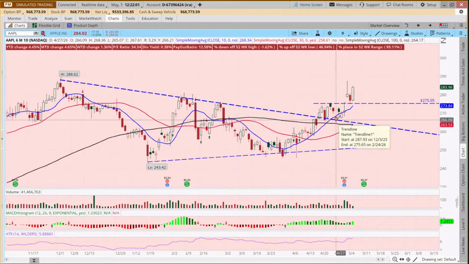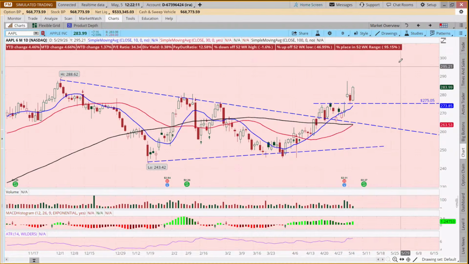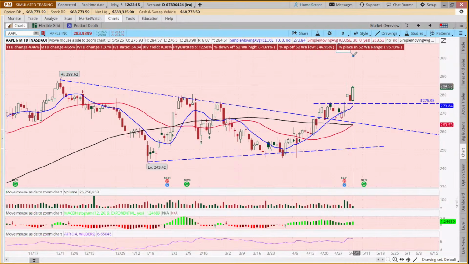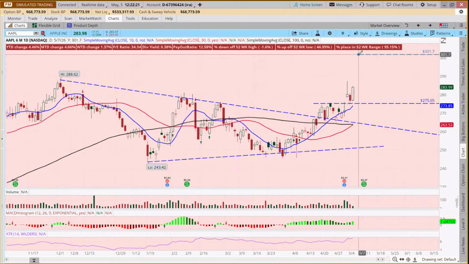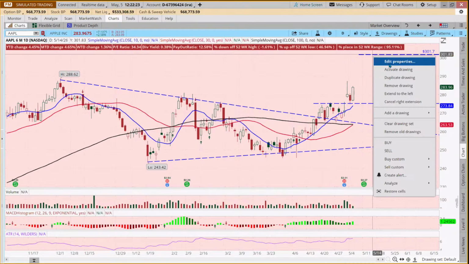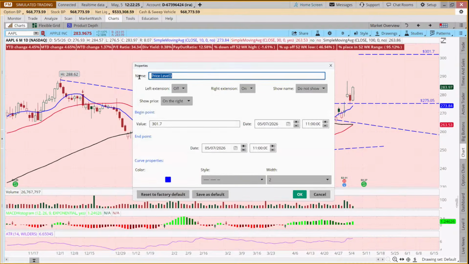So if I say this was around 266, if I add 45 to that, that would be around 310. So you might have a target, and I'd have to add some space. So if I draw a line here and say, based on this pattern, it could be 310. That's a potential target.